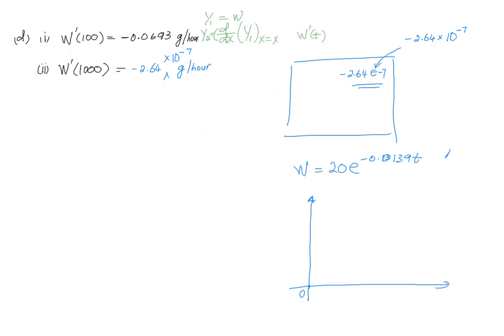You see, as t approaches infinity, e to the power negative 0.0139 t will approach 0, am I right? So how does the graph look like?